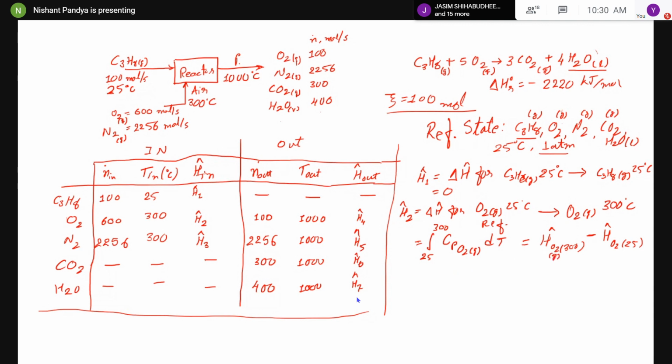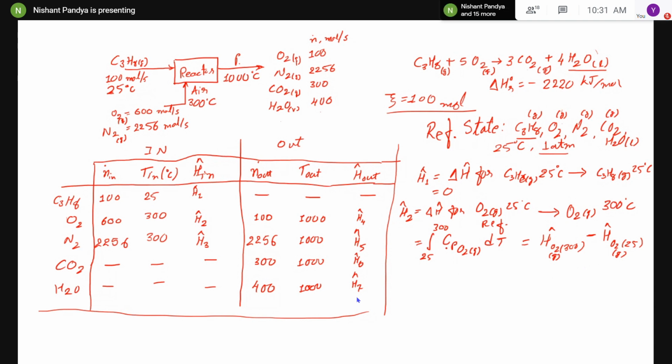If you have this data, it's easier. If you do not have this data, sometimes the table data given is out of range, so you may not be able to read these values. In that case, you have to rely on the Cp formula. You can do the integration, and you know the Cp formula with A, B, C, D. Take those values from the table and substitute them here, making sure you use the correct units given in the table. So let's see the table now.